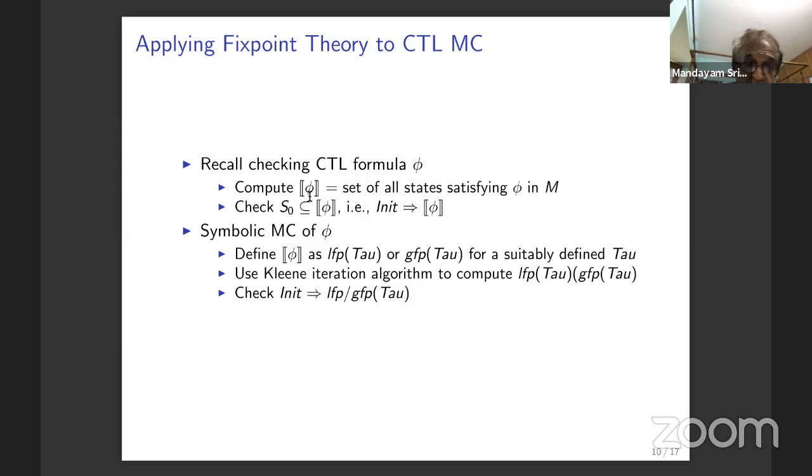Then we compute the set of all states that satisfy a particular CTL formula, and check if the initial state is contained in that set by checking the validity of init implies phi.